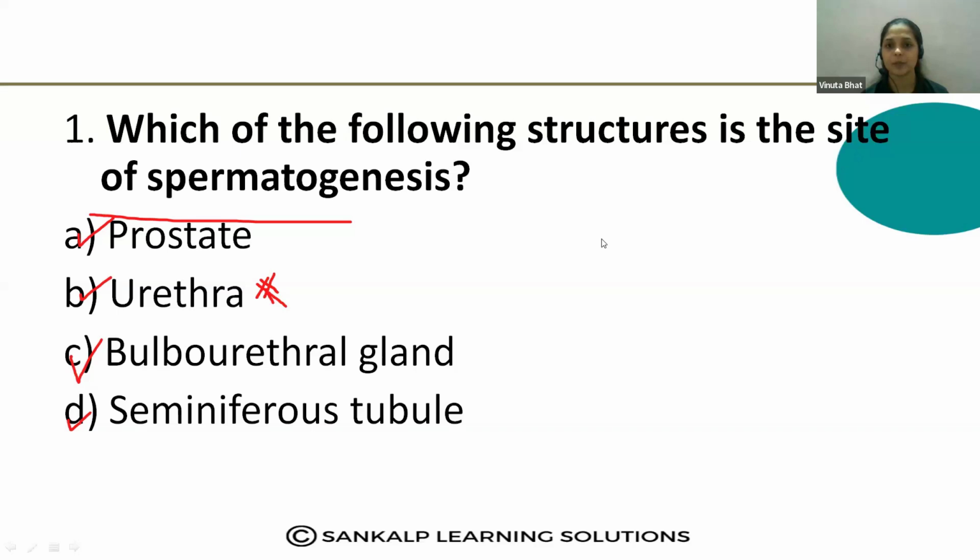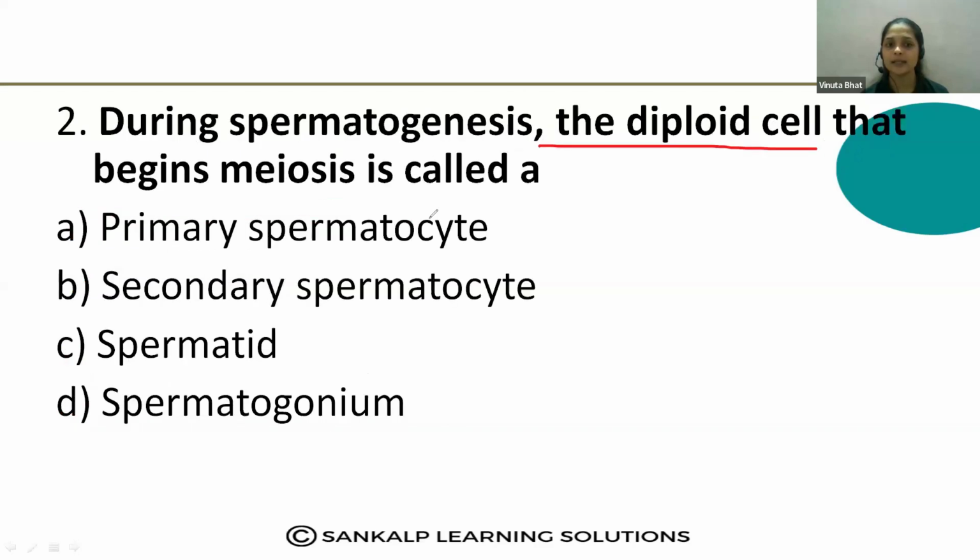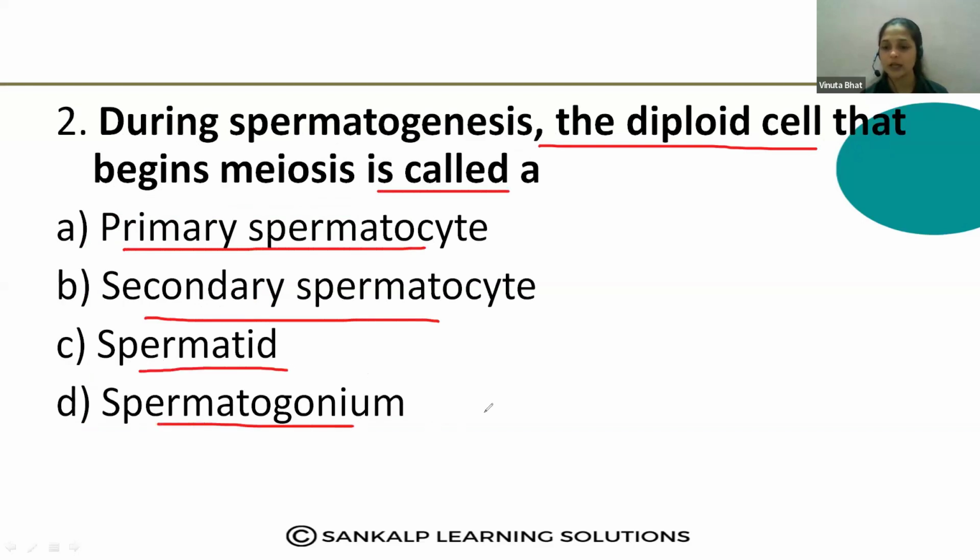Next question. During spermatogenesis, the diploid cell that begins meiosis is called: primary spermatocyte, secondary spermatocyte, spermatid, spermatogonium. Which cell starts the meiosis process? Which is the answer?